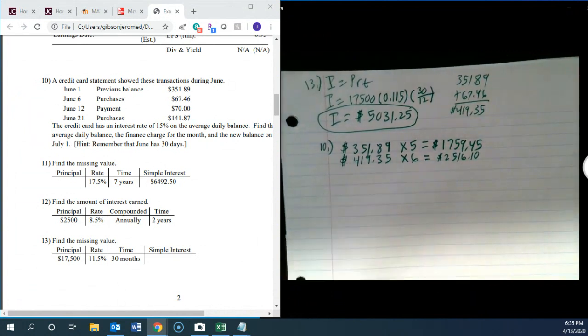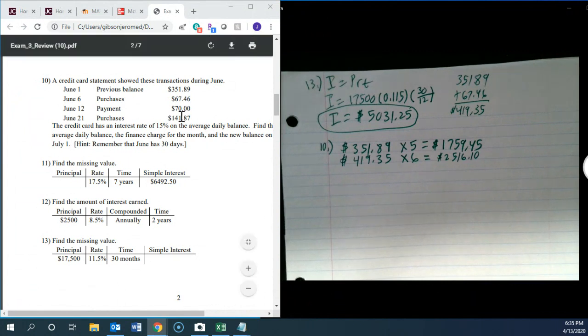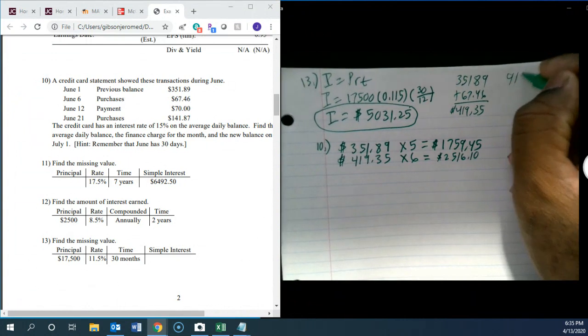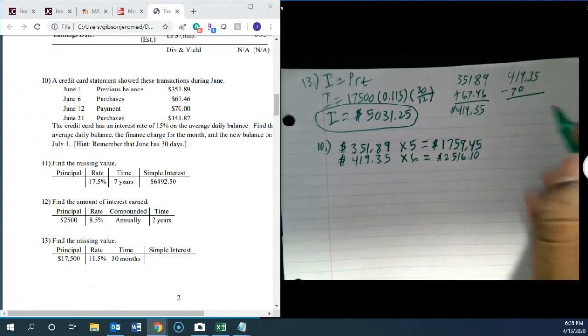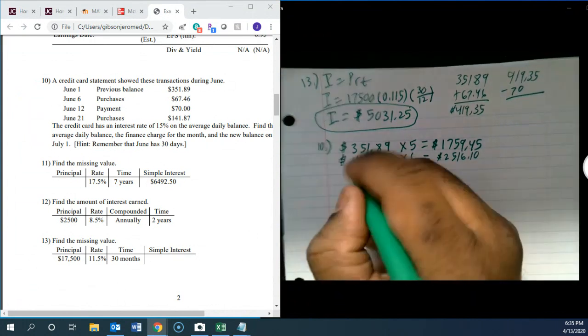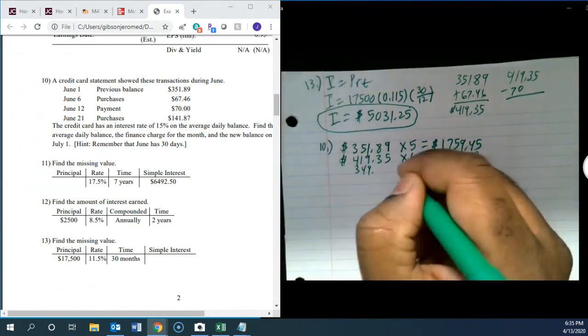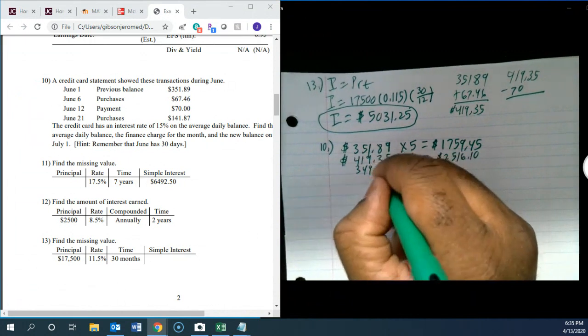Now, for the next day, June 12th, it says we made a payment of $70. So we would take the previous amount, this $419.35, and we would subtract 70 from it. So this will give us $349.35.